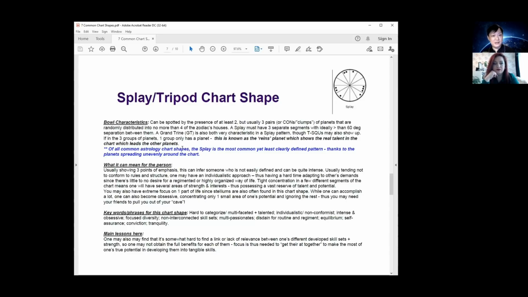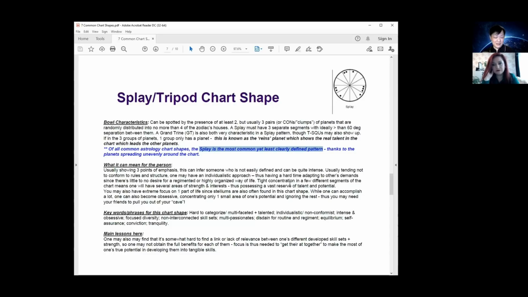And I've put here that the splay is the most common, but yet the least clearly defined chart shape because of this uneven distribution of planets around the whole chart. If I were to talk about the keywords and phrases for this chart shape, it really shows someone who is potentially multifaceted and talented because of the clusters or clumps of planets all around the chart.